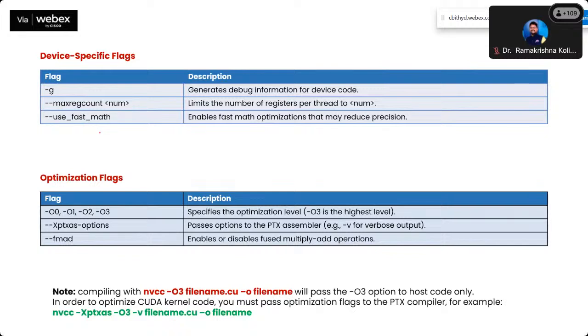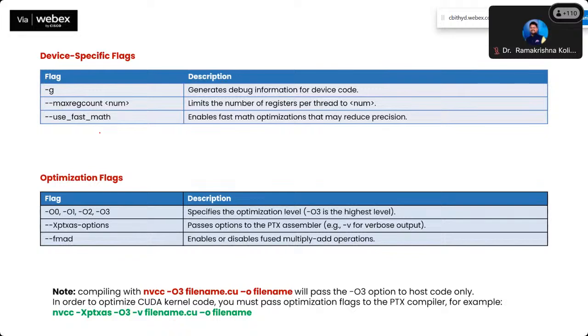The second flag is use fast math. Just like Om has shown you some flags, similarly this is a flag. It indicates to use optimized mathematical libraries or optimized mathematical functions. This optimization may give you better performance, but sometimes it reduces the precision.